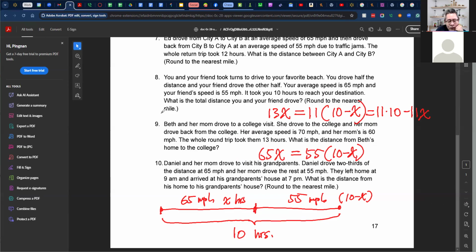Well, how do we solve this equation? 13x equal to 11 times 10, which is 110 minus 11x. So how do you solve this equation?